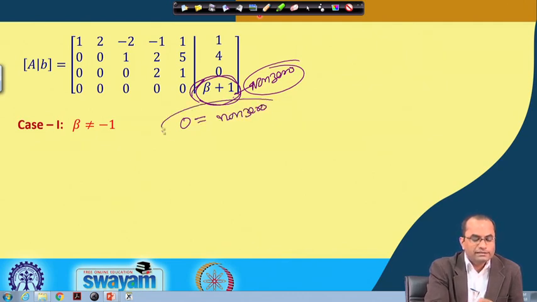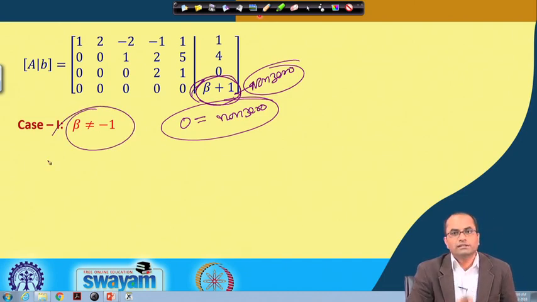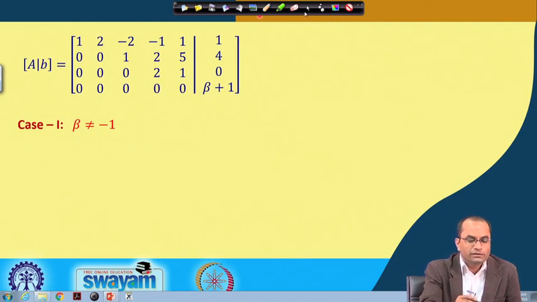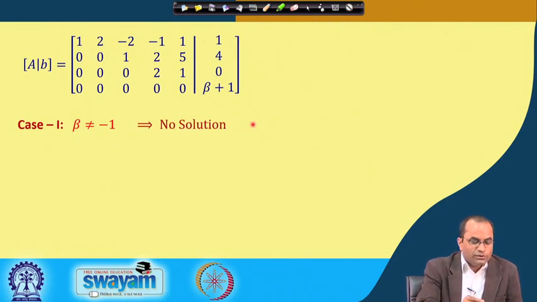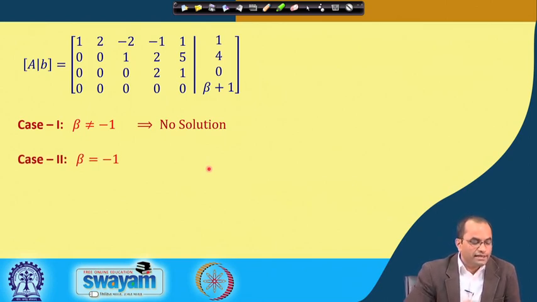So, in this case, when beta is not equal to 1, the system is inconsistent and we do not have a solution for the system. So, that means this is the case of exactly no solution.